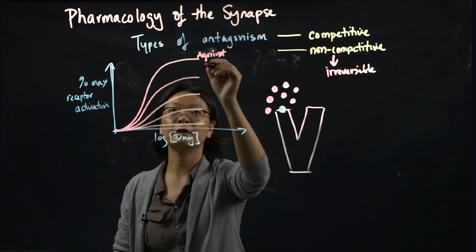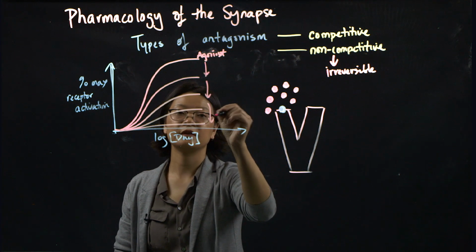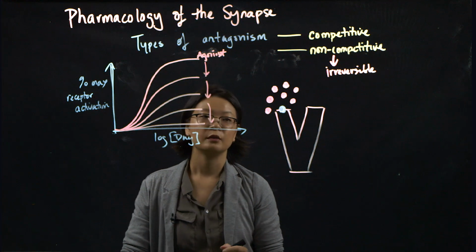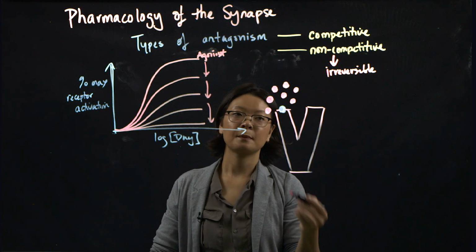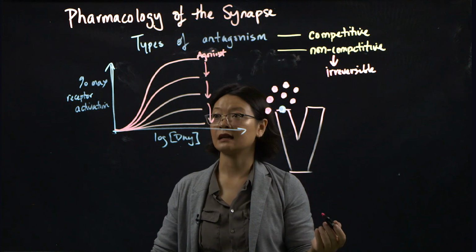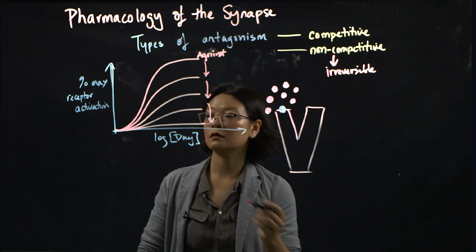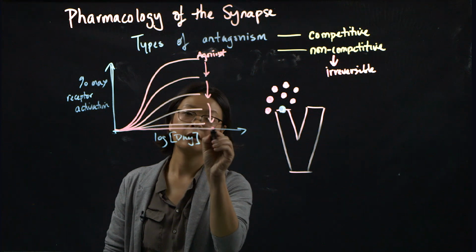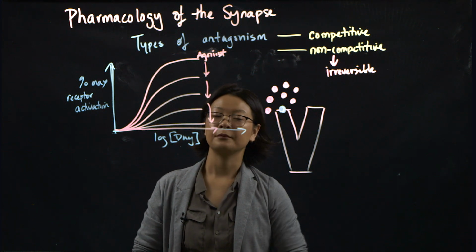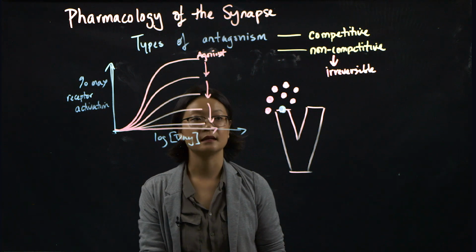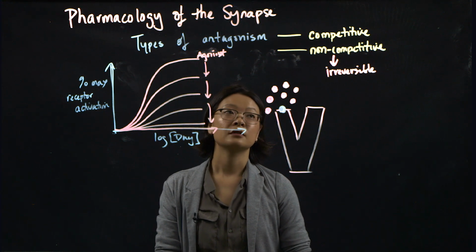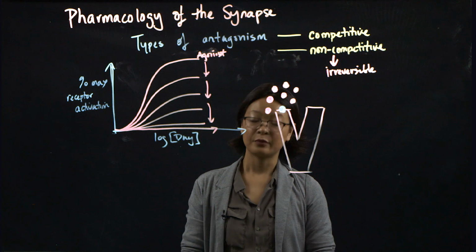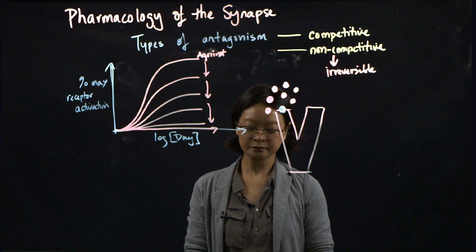So there's a drop in efficacy with increasing concentrations, because the more that you add, the more receptors are occupied, and the more the agonist can't do what it's going to do, and essentially, eventually it will have no effect if the antagonist is in high enough concentration to occupy a lot of the receptors. So that's the first type of non-competitive antagonist.